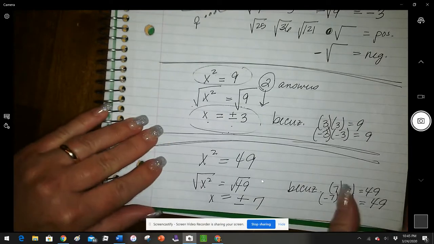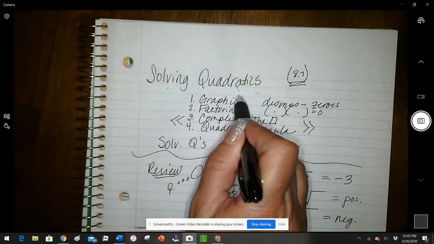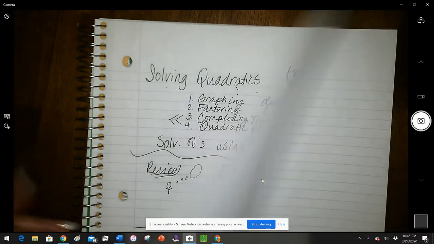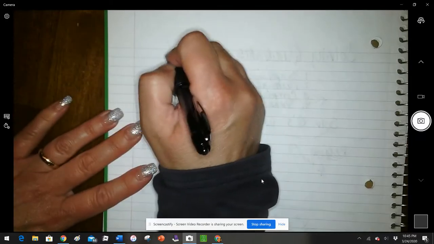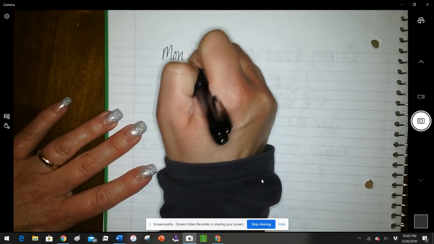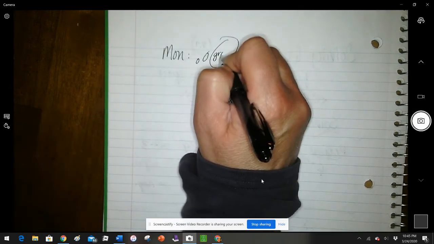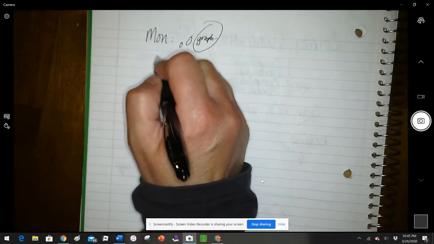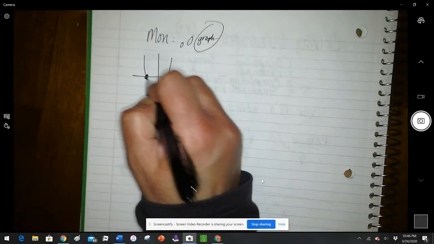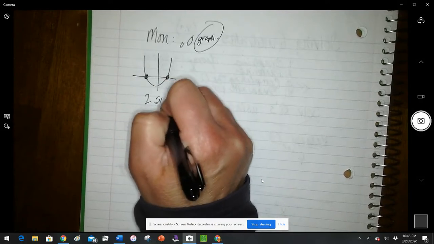Okay, all right, going back to solving quadratics and what this has to do with quadratics. Let's talk about that, okay? So on Monday, we talked about and did some problems on graphing, okay? And if you remember on Monday, if your graph crossed the x-axis 2 times, then it had 2 solutions or 2 zeros.